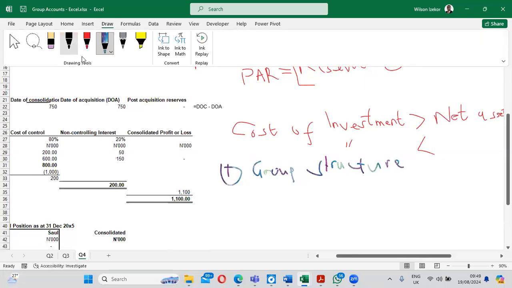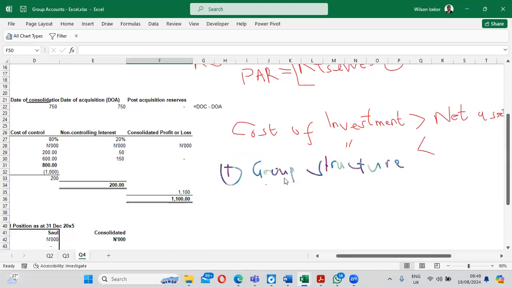I don't like this pen. Let me change the pen to black. So you must have your group structure. Your group structure will tell you parent ownership in subsidiary. Okay, P ownership in S.